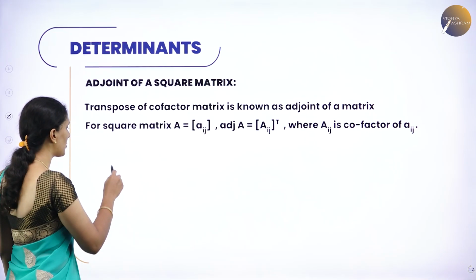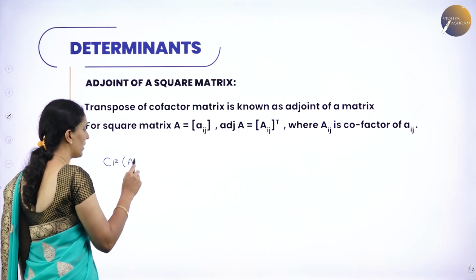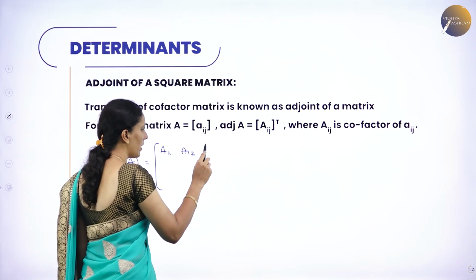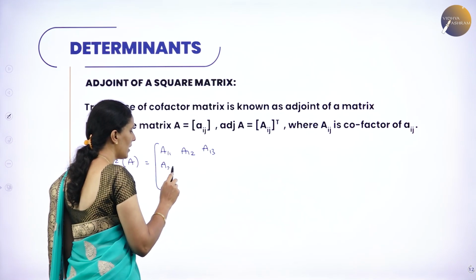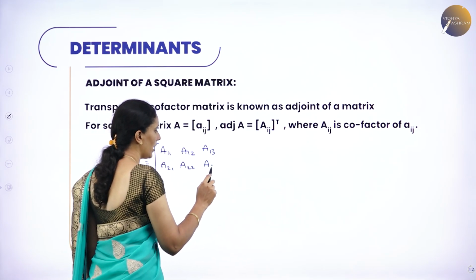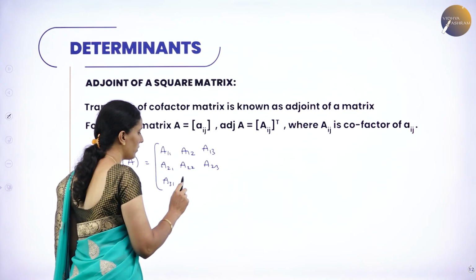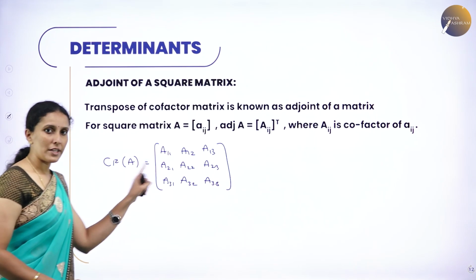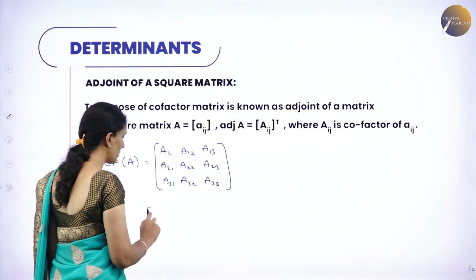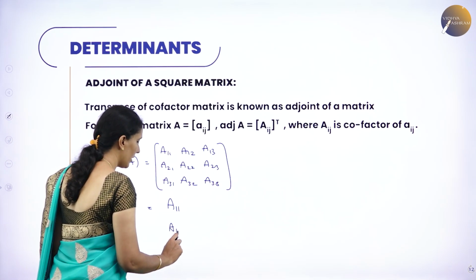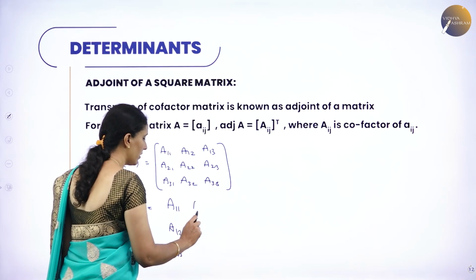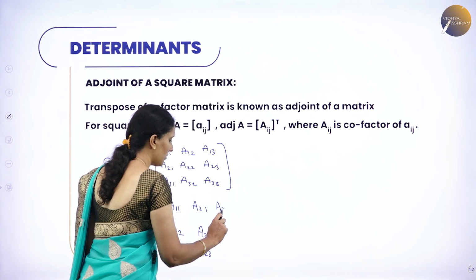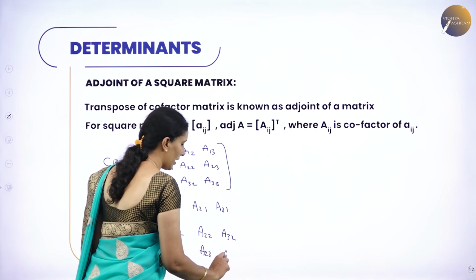We know that the cofactor matrix is nothing but finding all the cofactors A11, A12, A13, and here it is A21, A22, A23, A31, A32, A33. So when you take the transpose, then it is A11, A12, A13 here, A21, A22, A23 here, A31, A32, A33 here.